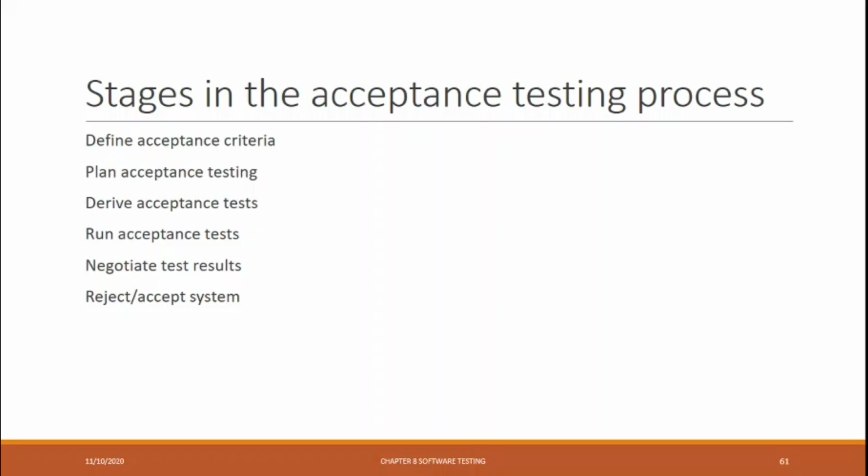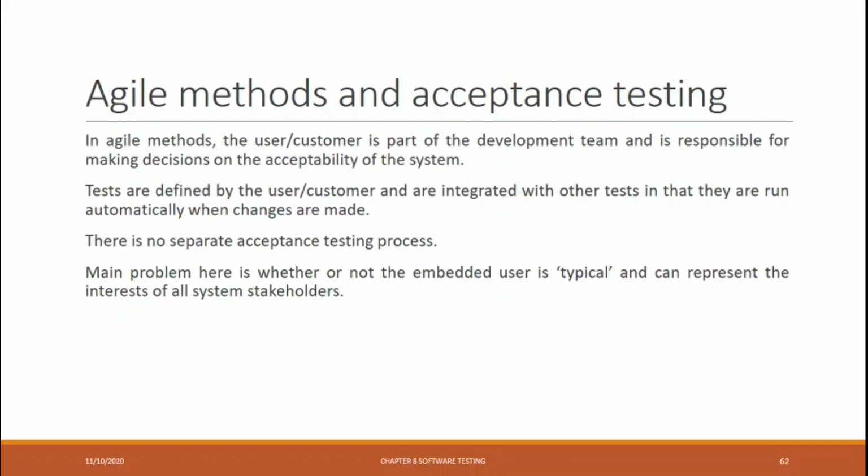Okay, and a very important question also: agile methods and acceptance testing. In agile methods, the user or the customer is part of the development team and is responsible for making the decision on the acceptability of the system. Tests are defined by the user and are integrated with the other tests in that they are run automatically when changes are made.